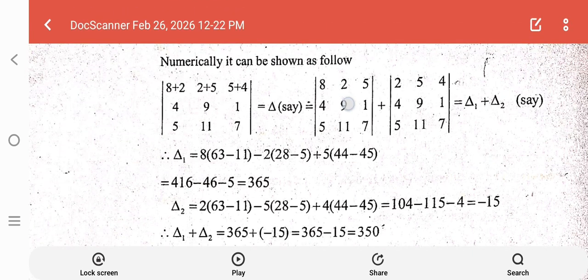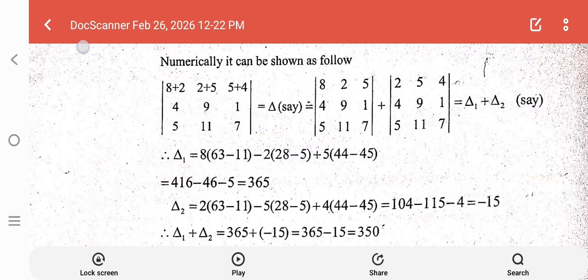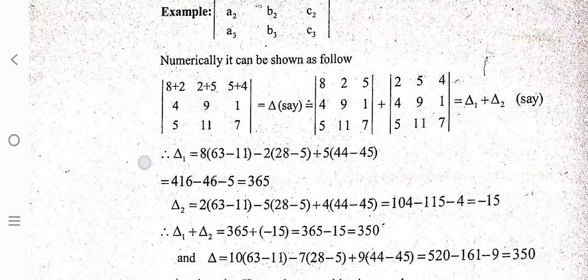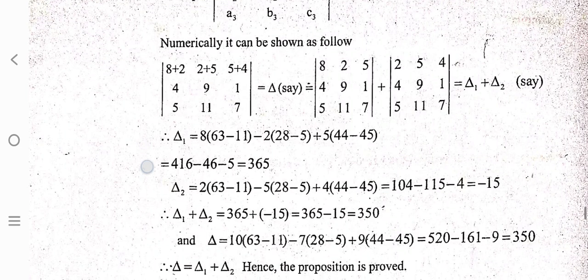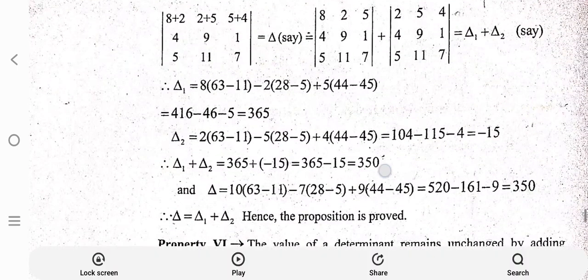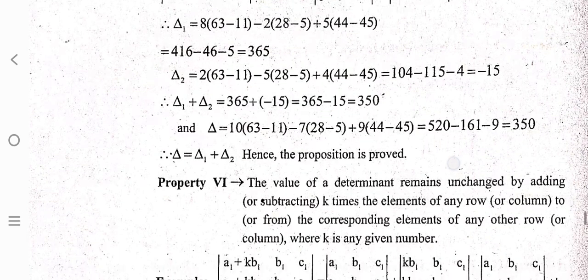So here we denote this determinant delta 1 and this determinant delta 2. Now we find the value of delta 1. The value of delta 1 is 365 and the value of delta 2 is 352, and adding both together, delta 1 plus delta 2, we have 350, right?